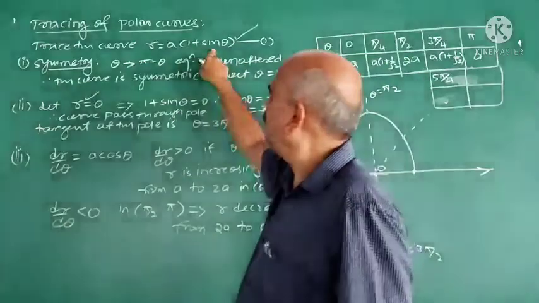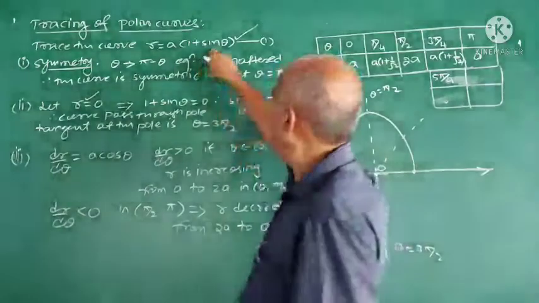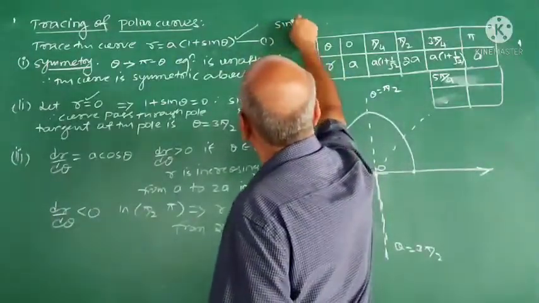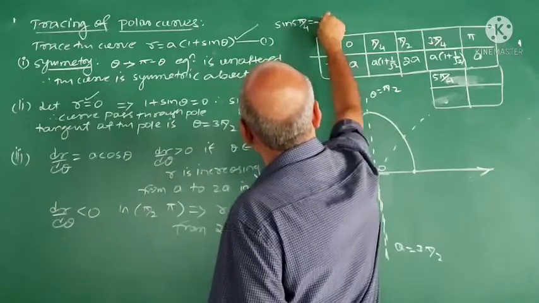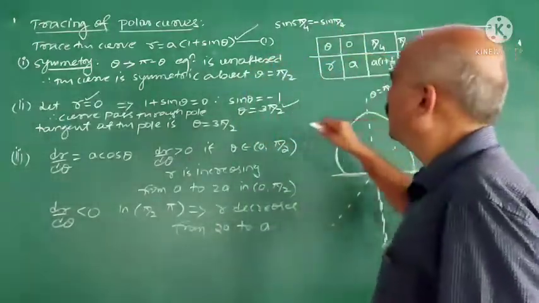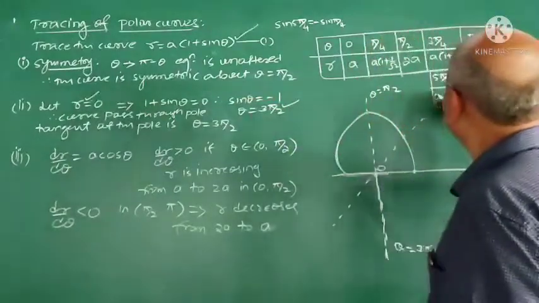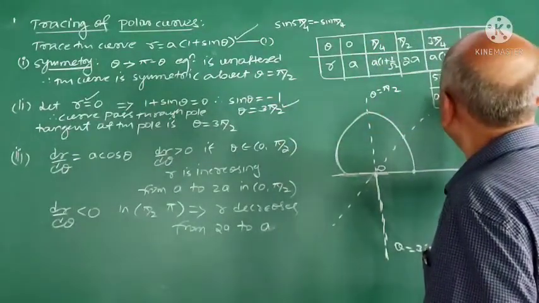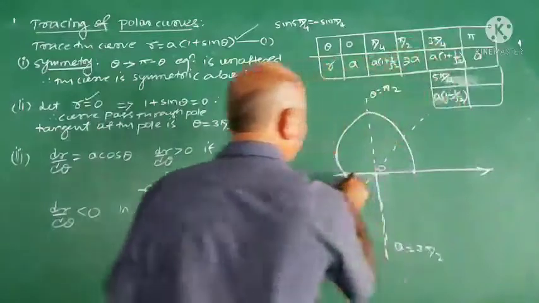In the third quadrant, sin is negative. What is sin of 5 pi by 4? It is minus sin pi by 4. So it is a into 1 minus 1 upon root 2. So it decreases like this.